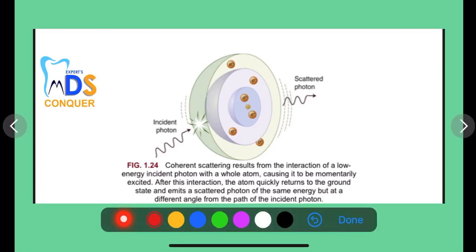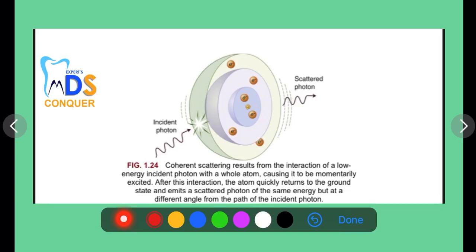First is coherent scattering. Coherent scattering is also called Rayleigh, classic or elastic scattering.